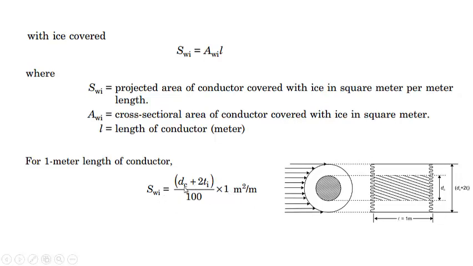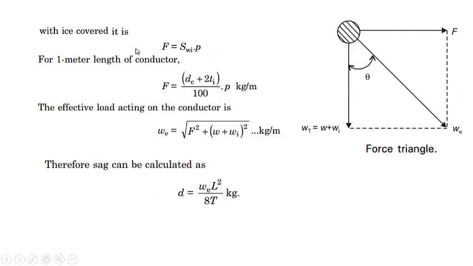So Awi will be equal to dc plus 2 ti divided by 100 into 1 meter square per meter, or in terms of that, only meters. So with ice covered, the wind force will be given by Awi into p, where Awi is equal to dc plus 2 ti divided by 100, and F is equal to dc plus 2 ti divided by 100 into p kg per meter.